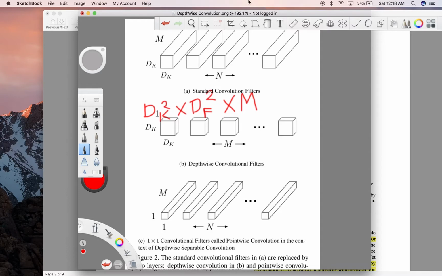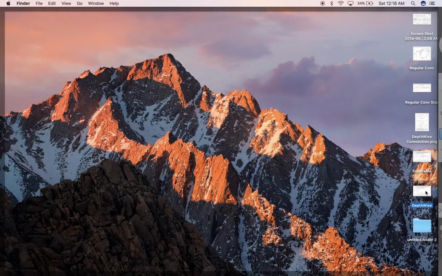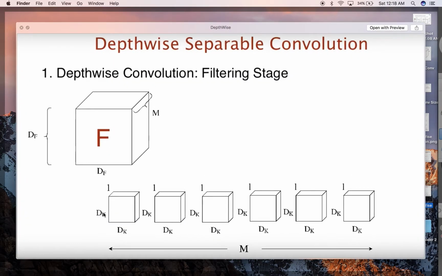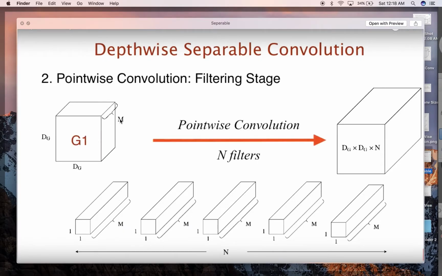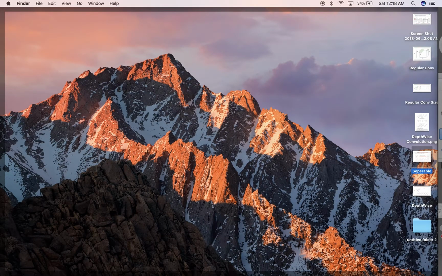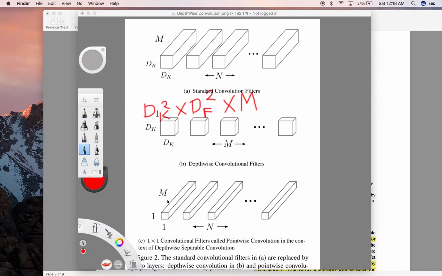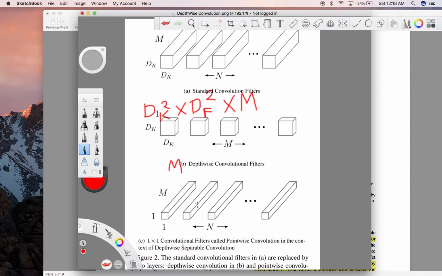All right, and now let's see how. So when we do this, we'll be applying dk to all of these, and our output will be m dimensional. So this will be our output, right? And now we are applying these. So this has 1 into 1, so each of these has m.